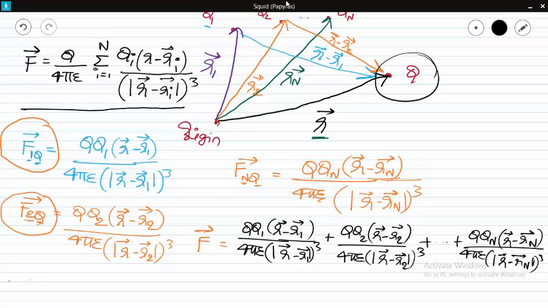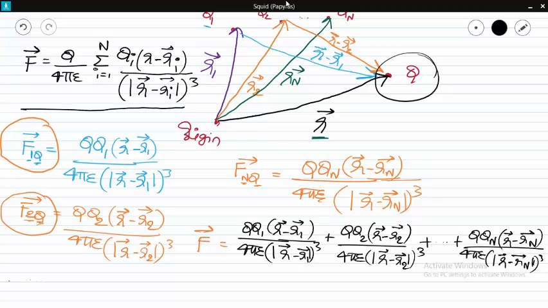As said, most of the time we consider point charges. You need to remember the value of the dielectric constant epsilon, which differs from material to material. While doing problems the value will be given, but for free space it is 8.854 into 10 power minus 12 farad per meter.